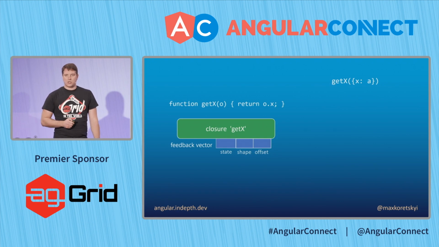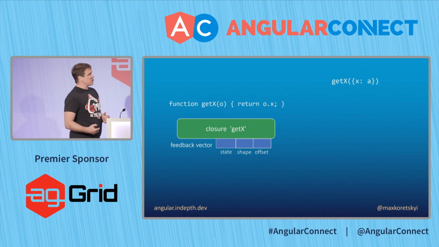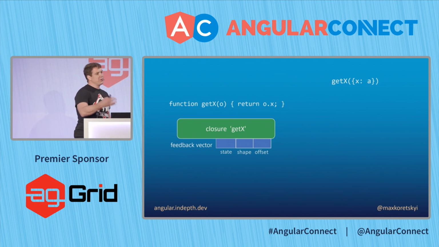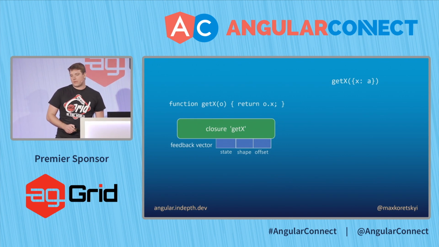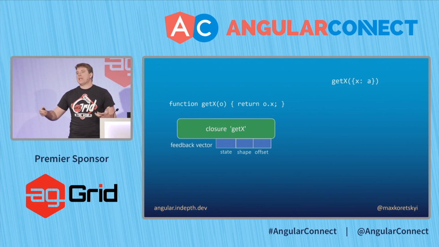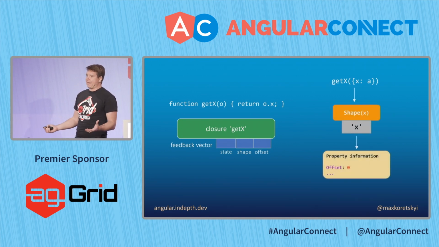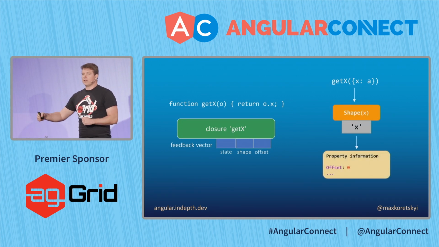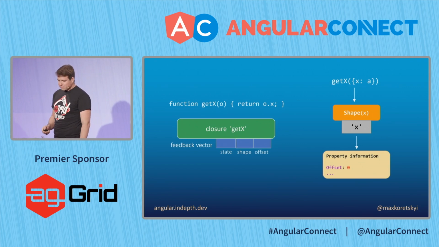We pass in an object. Now, if we call it for the first time, the virtual machine needs to go through the process of trying to resolve the value. First, it needs to find the corresponding shape. This is where all the metadata is stored, particularly offsets to the property.